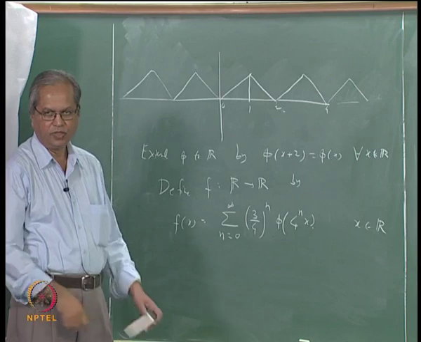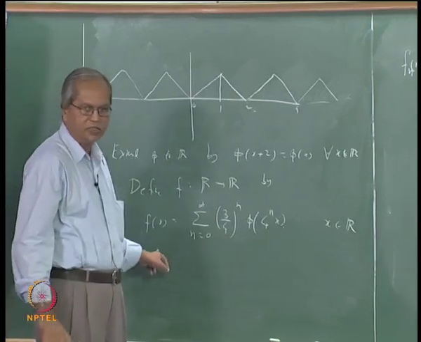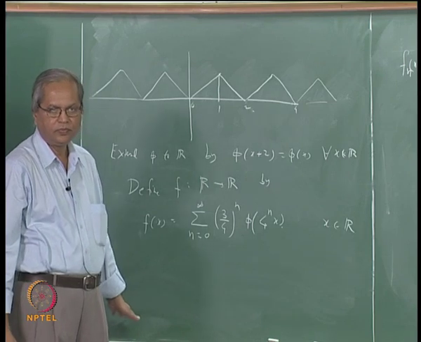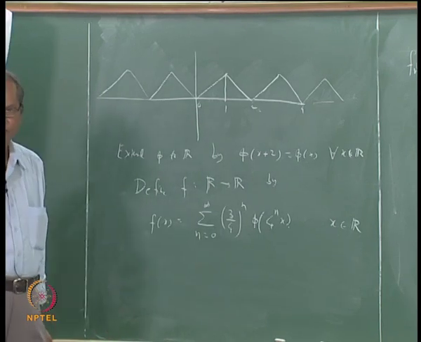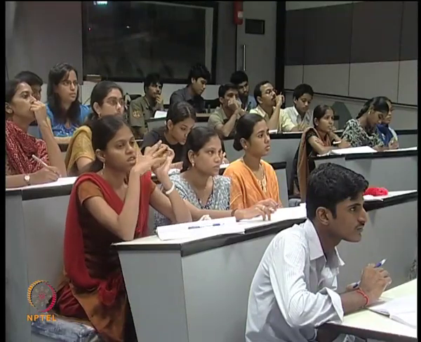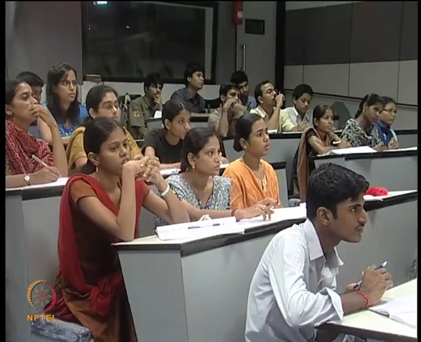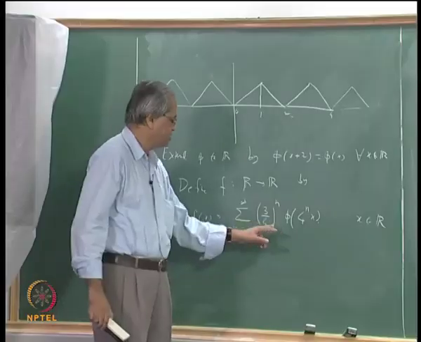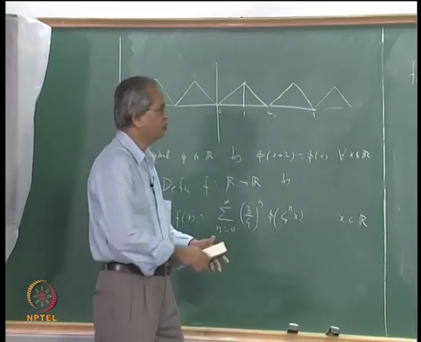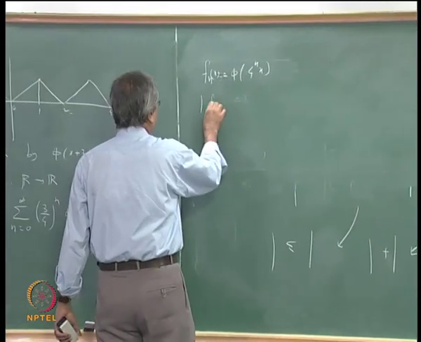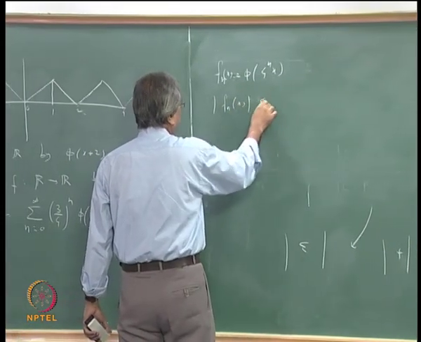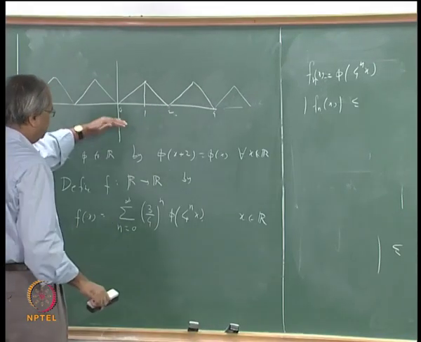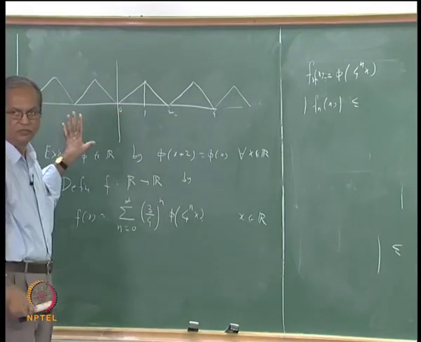Right. Is this a uniformly convergent series? Why is it uniformly convergent? Look at mod f_n of x, which is less than or equal to (3 by 4) to the power n. Remember what we are using: the function phi takes values between 0 and 1.